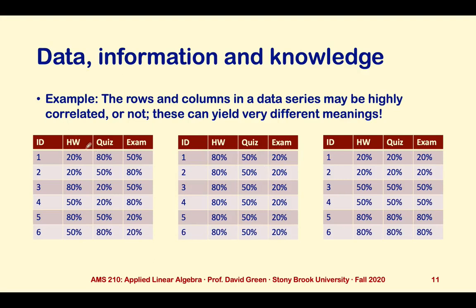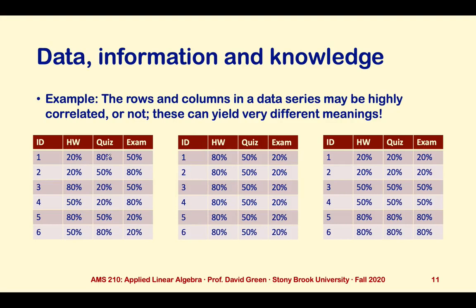Each of them is structured with 6 students and 3 assignments with a score for each one. And every one of these matrices has 6 entries that are 20, 6 entries that are 50, and 6 entries that are 80.